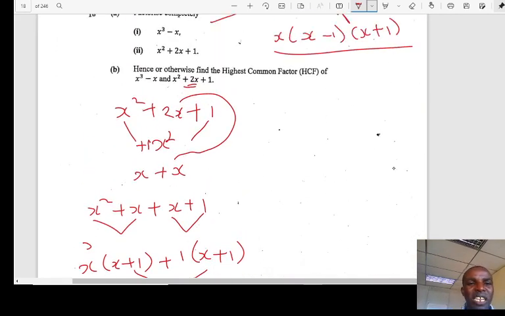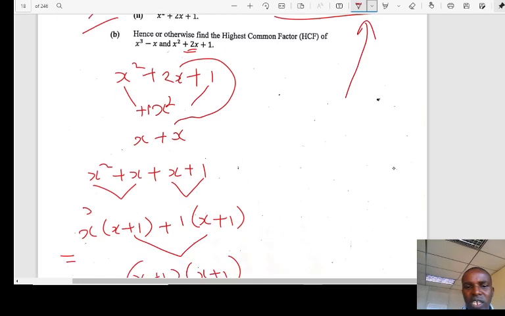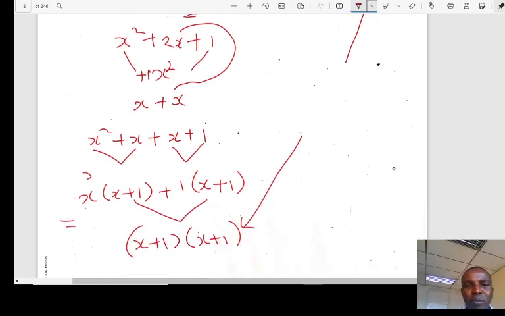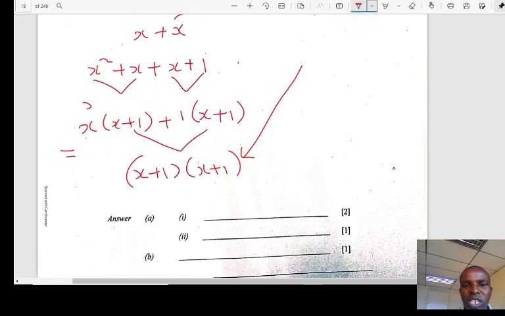Hence or otherwise, find the highest common factor of the first one, this one, and this one. So just look at the factors. These are the factors for the first one, and the second one, these are the factors. So you just look at the factor which is common in both. The first one, it was x.